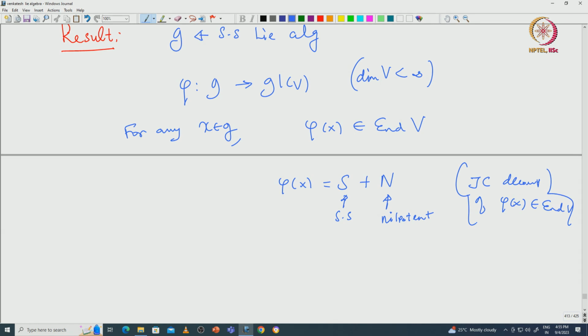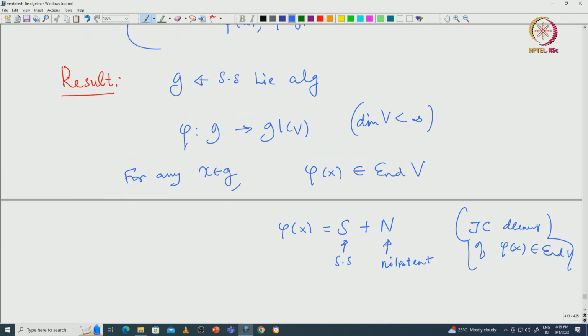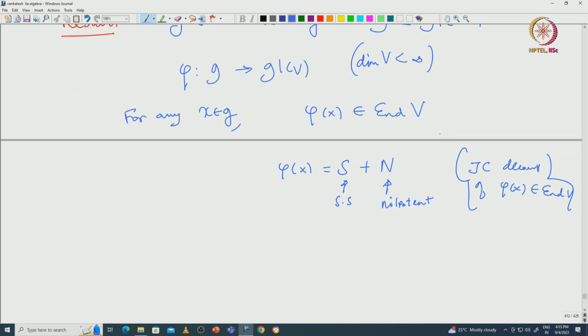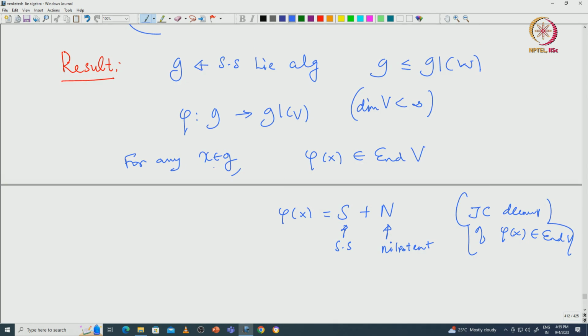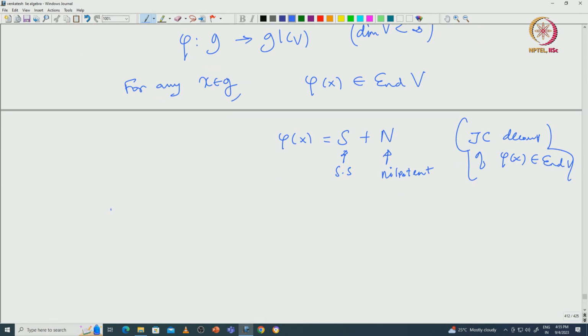But suppose g is already a linear Lie algebra, say g is already sitting inside GL of W. Then we can also talk about the Jordan-Chevalley decomposition of an element x in g inside GL of W. You take x in g as an element of GL of W, and write x as x_s plus x_n.